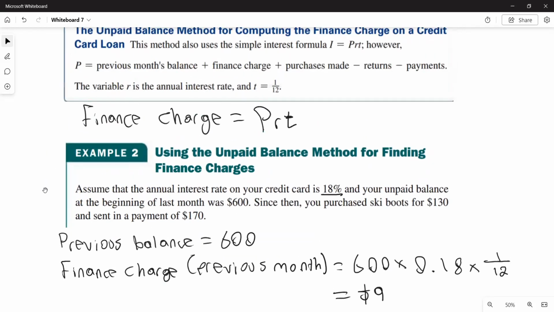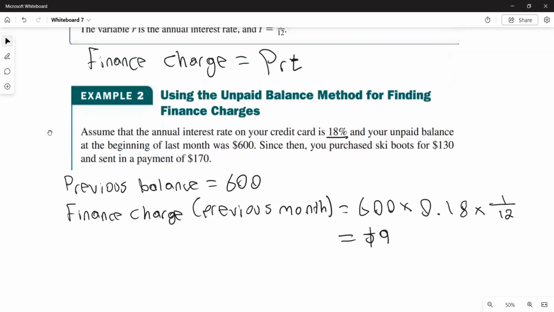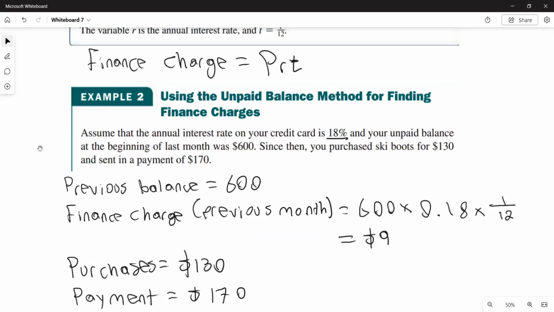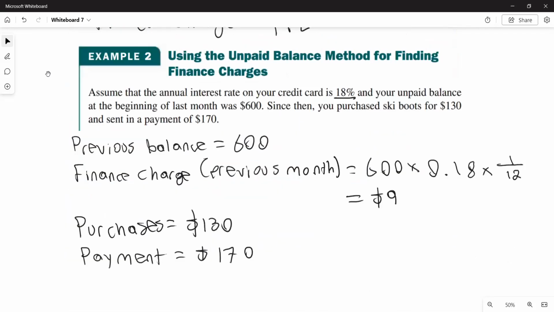What else do we have? The purchases made were $130. There was a payment of 170, and there were no returns.